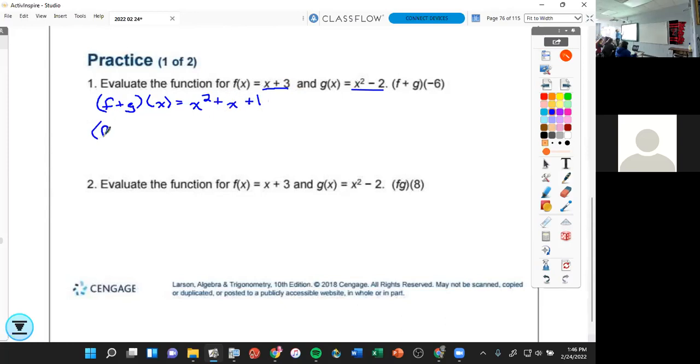So now to determine f plus g of -6, -36 minus 6 plus 1. Okay.